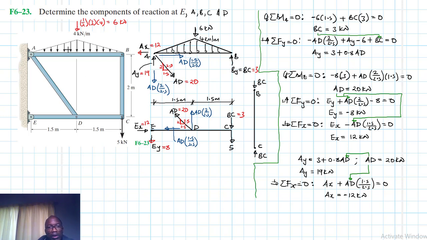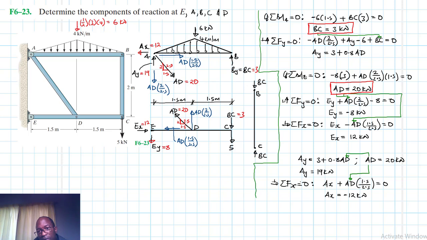Okay, what else? I think this is about it. Let's just outline the final answers. We have BC, which is in compression for the two force member, and then we have AD, which is in tension.